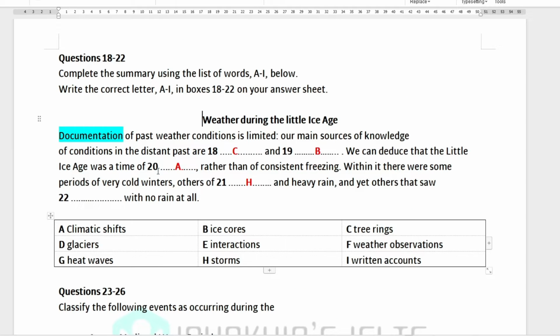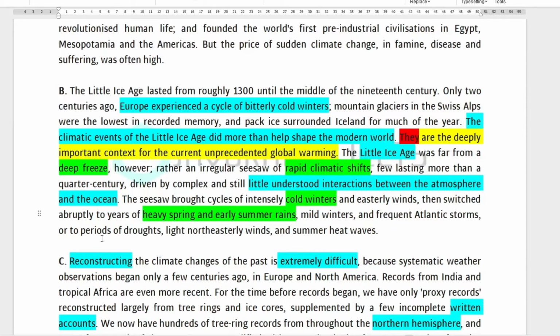And yet others saw no rain at all, with frequent Atlantic storms, or periods of droughts, light northeasterly winds and summer heat waves.